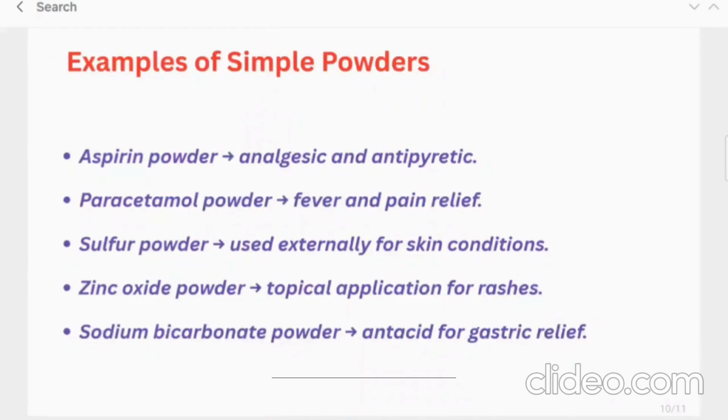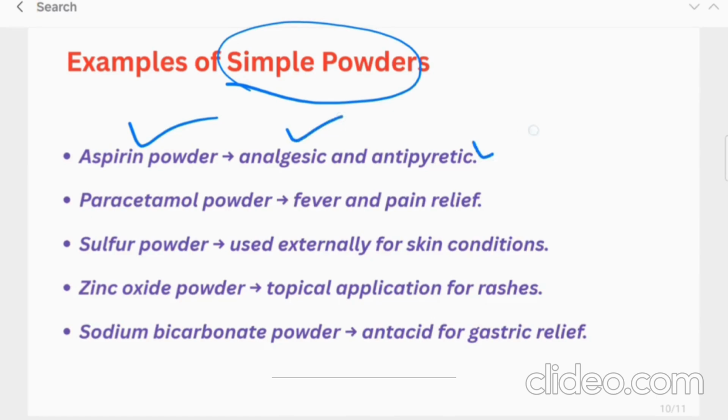So what are the different examples for simple powders? Here there are various examples like aspirin powder, which is used as an analgesic and antipyretic. Similarly, paracetamol powder, which is used in case of fever, that is, as an antipyretic.